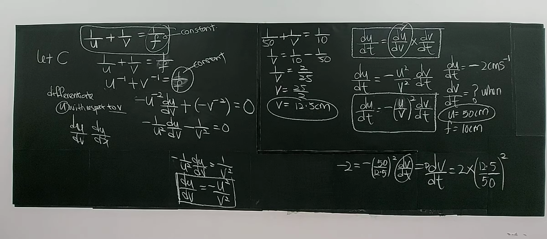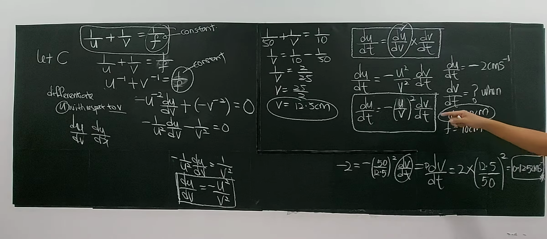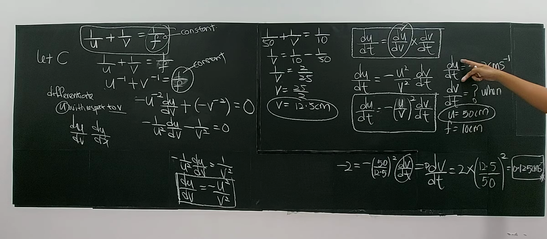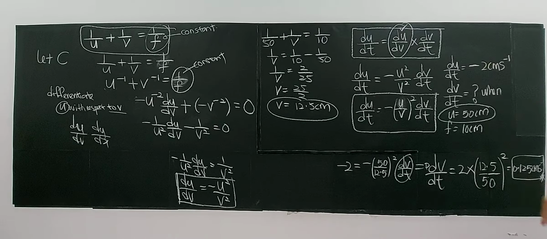So you have 2 times 12.5 over 50 squared, which gives you 1 over 8. 1 over 8 is 0.125 centimeters per second, right? So this is the rate of increase. As du dt, the rate of decrease of u, is -2, the rate of increase of v will be 0.125 centimeters per second.